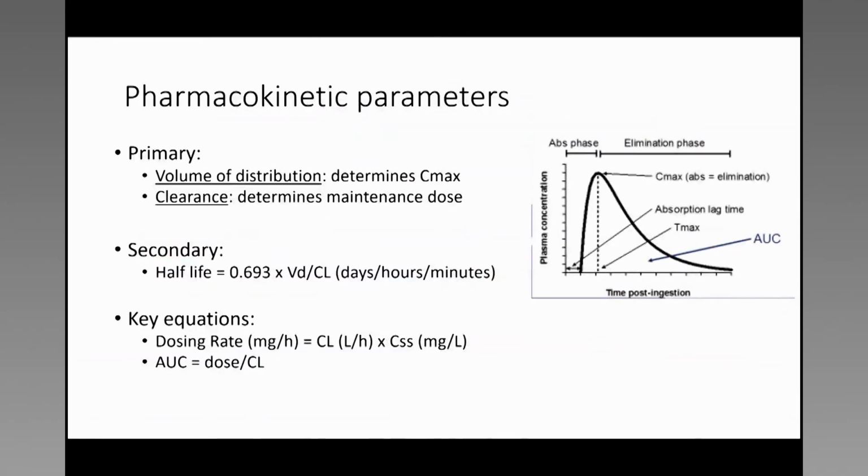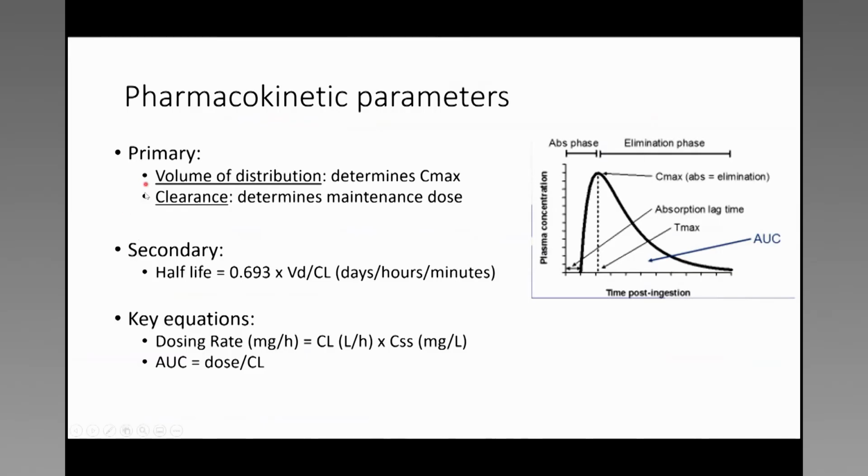There's a number of pharmacokinetic properties that we're interested in. The first one are what we call the primary pharmacokinetics, and that relates to the volume of distribution and the clearance. Volume of distribution is important because it determines the Cmax. Clearance is very important because it determines a maintenance dose. Clearance is a key factor that is impacted on by kidney disease, but there can also be some changes to volume of distribution, and we'll talk about this in more detail.